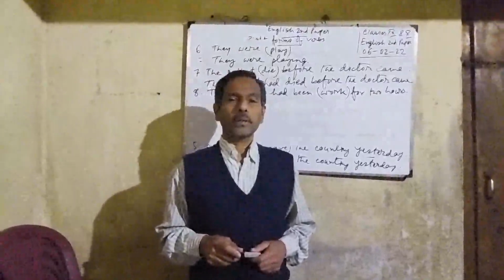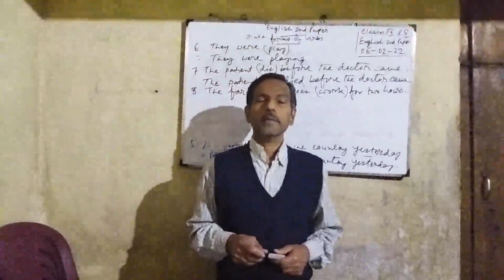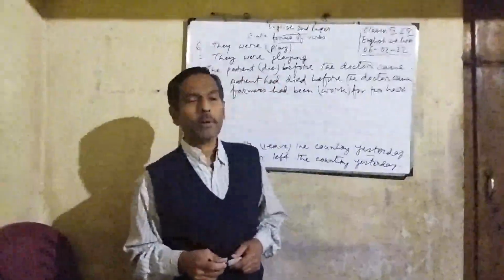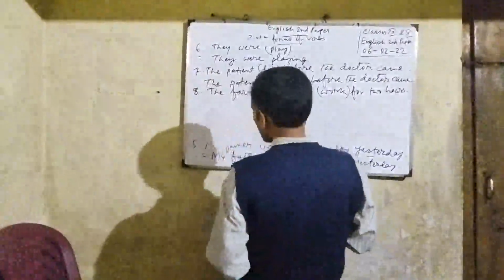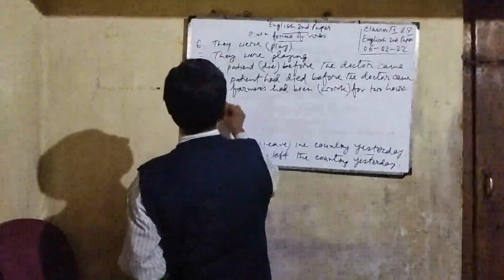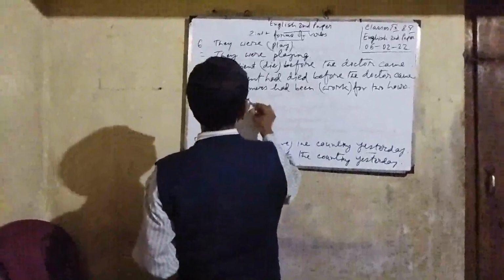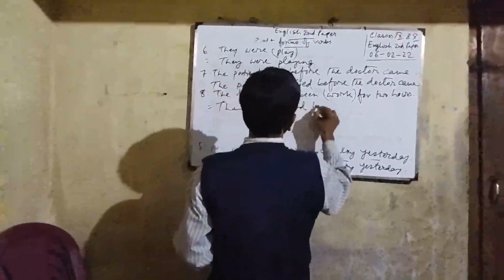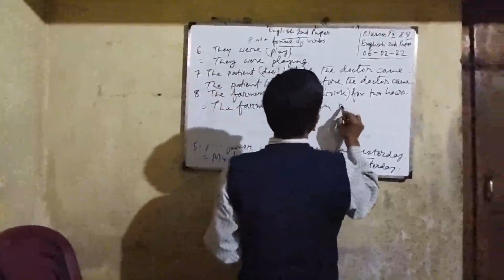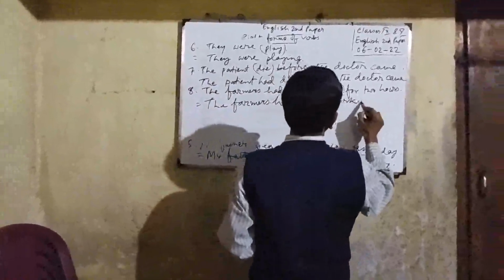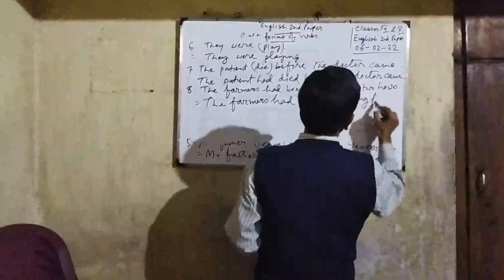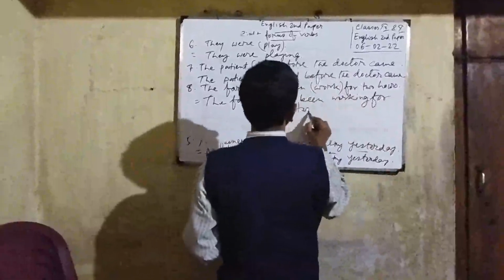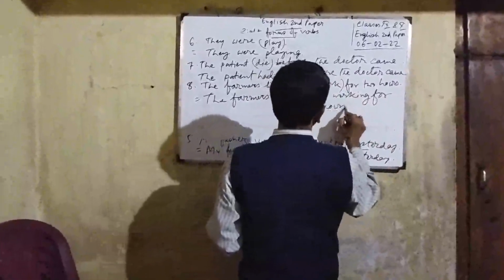We know that the structure of this tense is subject, had been, verb plus ing. So we will write here: the farmers had been working for 2 hours.